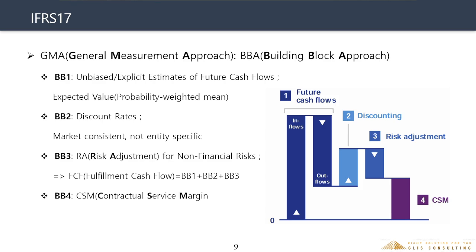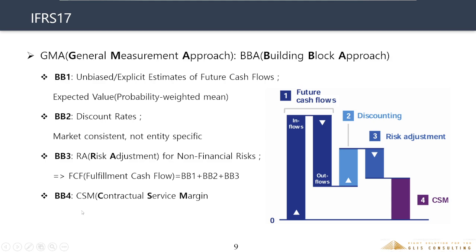And this one should be market consistent. It should not be entity specific. So for example, if you have investment results higher than a competitor, you cannot use it. This should be based on the market.